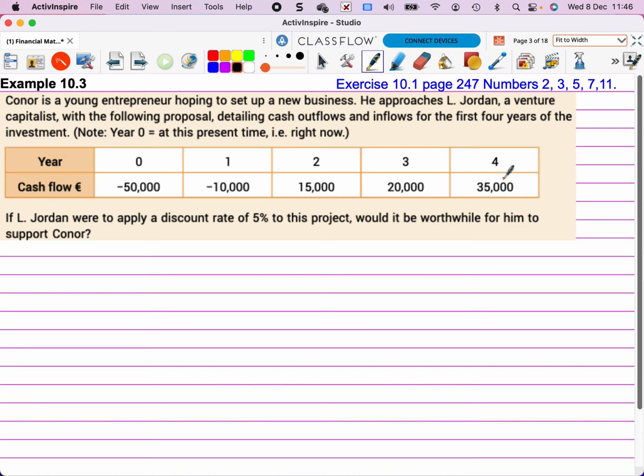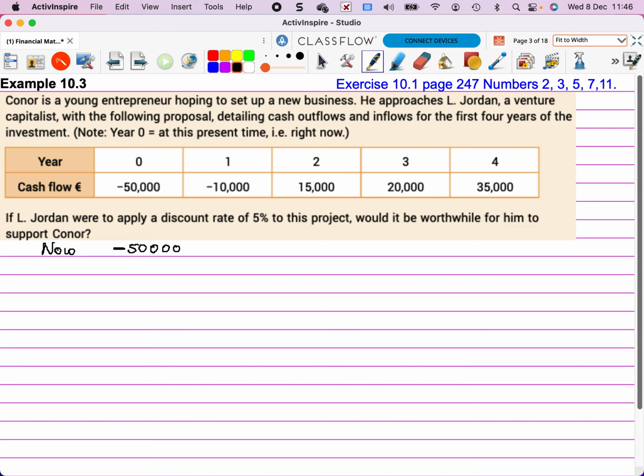Now, we need to be very, very, very careful about how we set this out. So everything is going to be brought back to the now. So what's happening now? Well, at this moment in time now, the investor is investing 50,000. Okay.